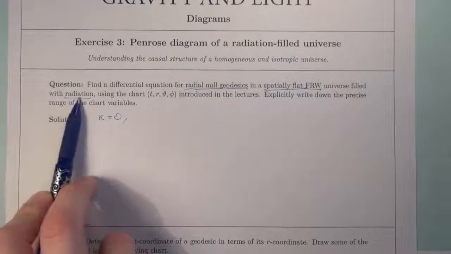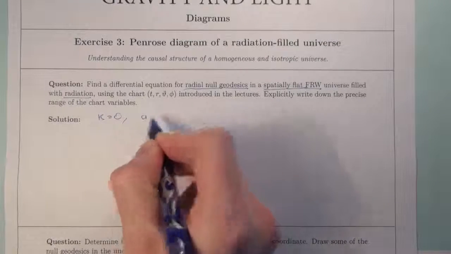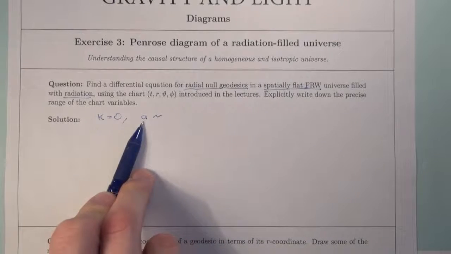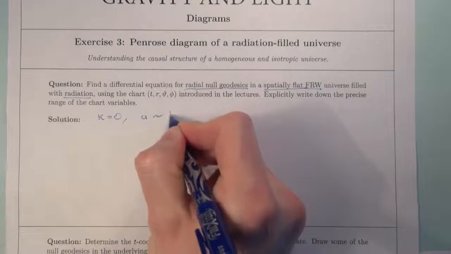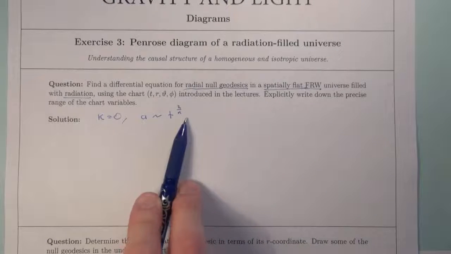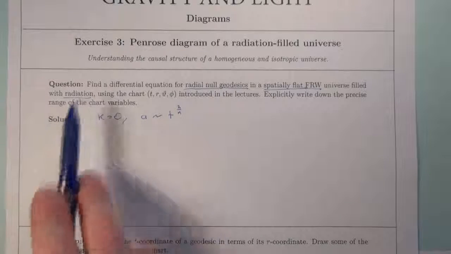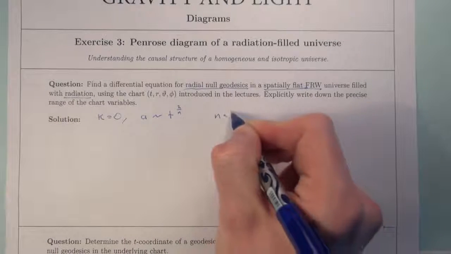Our universe is filled with radiation, and if you remember, the scale factor was proportional to t to the 2 over 3(1+ω) for all values of omega. That appears here.